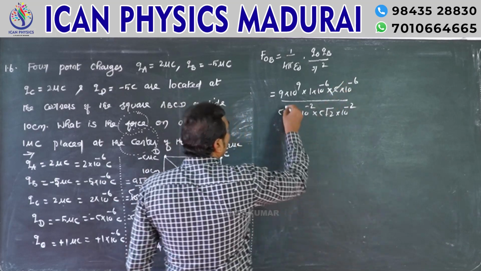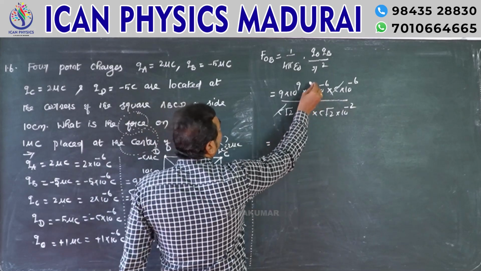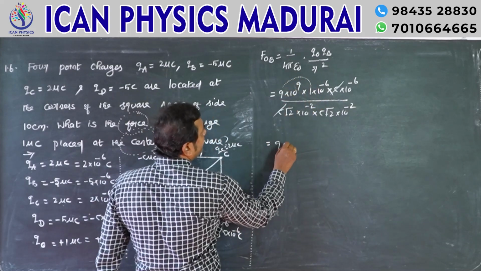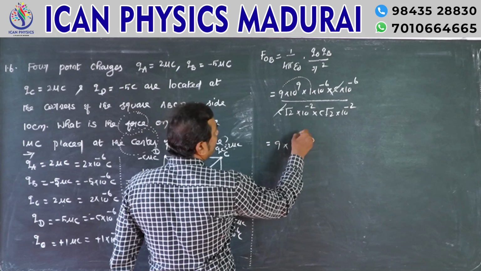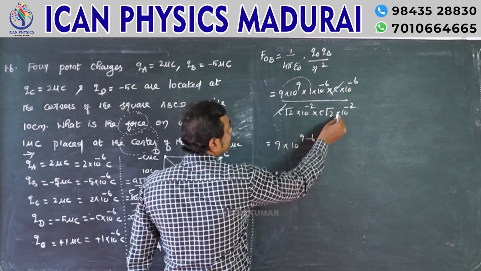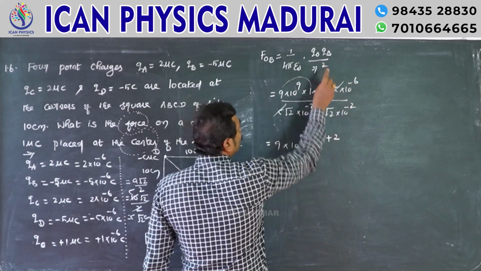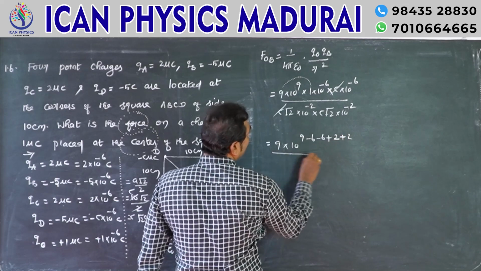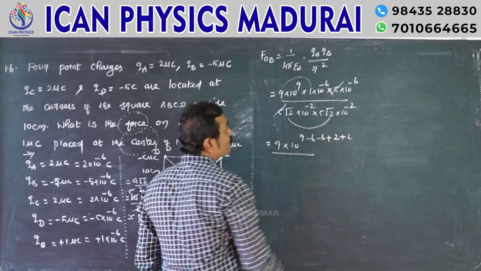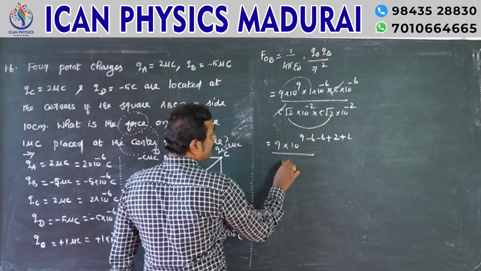Now, we can cancel 5 and 5. Now, 1 by 4 pi epsilon 0 is 9 into 10 to the power 9. Here it is minus 6, here it is minus 6, and here minus 2 goes to the numerator as plus 2, divided by square root 2 into square root 2, which is 2, and 2 into 5 is 10.